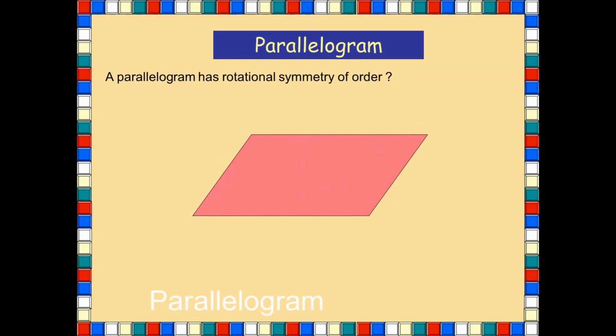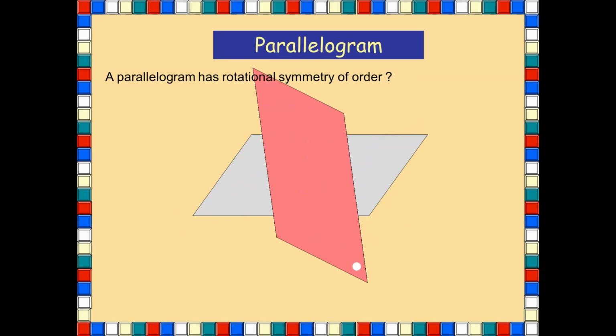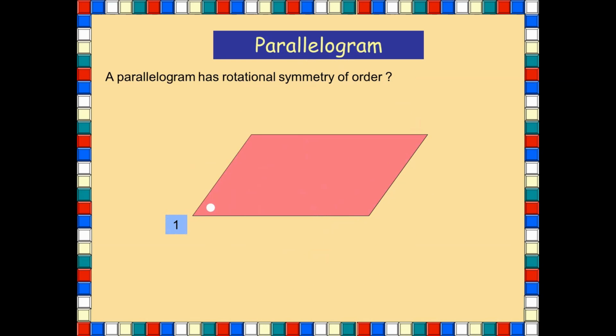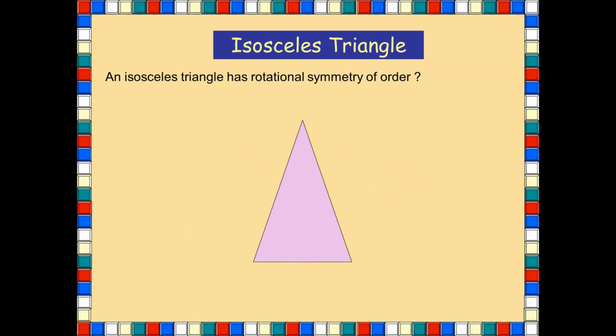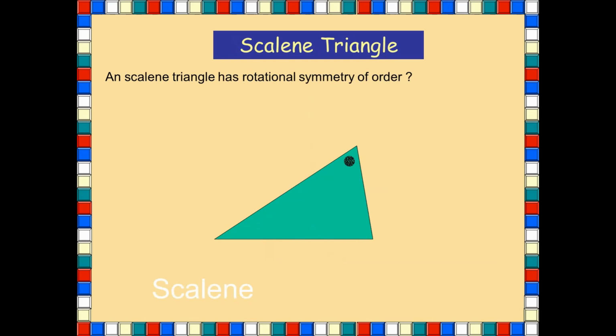What about a parallelogram? Once, and back to the beginning again, so this is order 2. What about an isosceles triangle? Once in the whole rotation, so it's order 1. Scalene triangle.